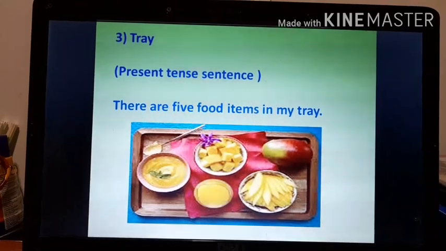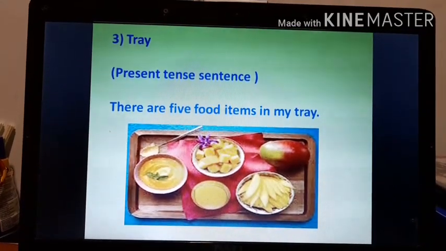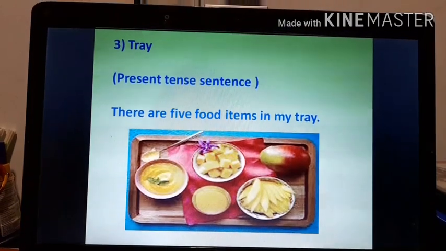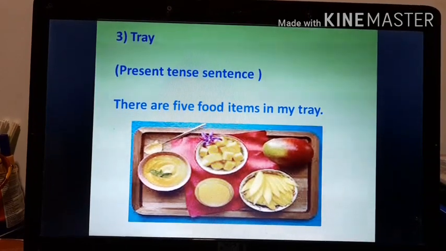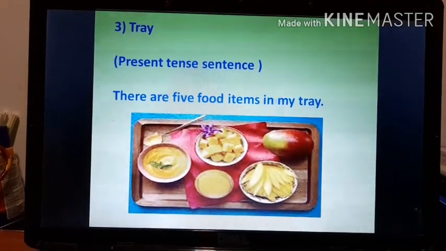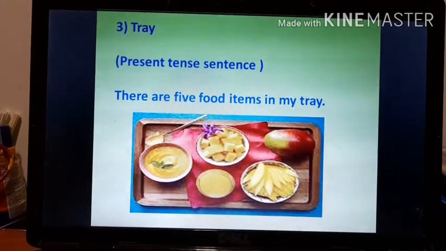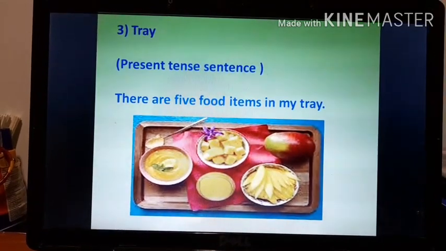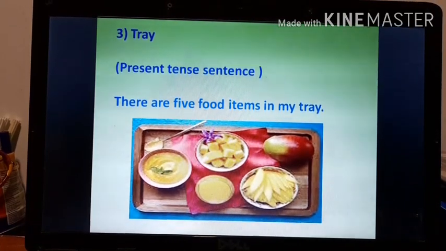So I can frame the sentence like, there are 5 food items in my tray. This is a present tense sentence. There are. We are using are here.